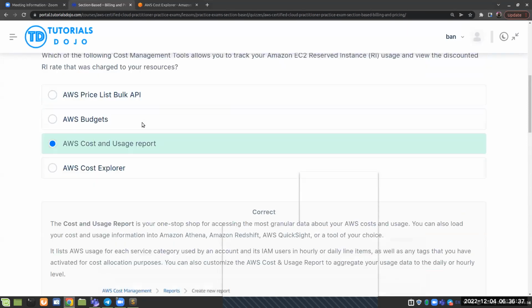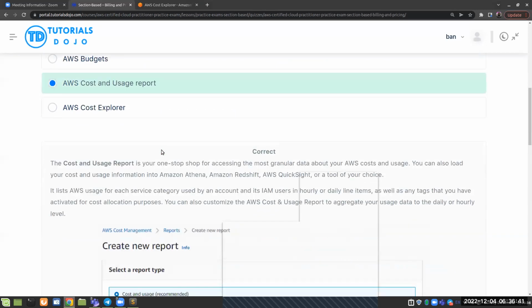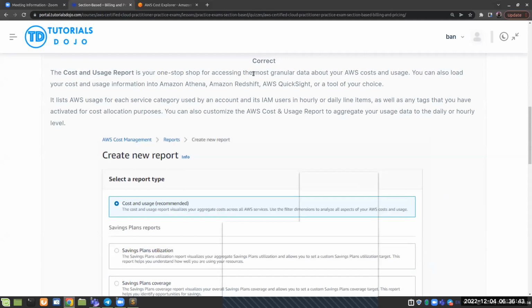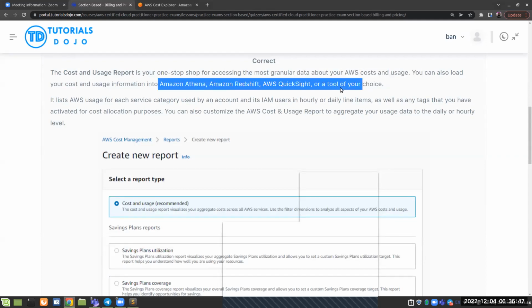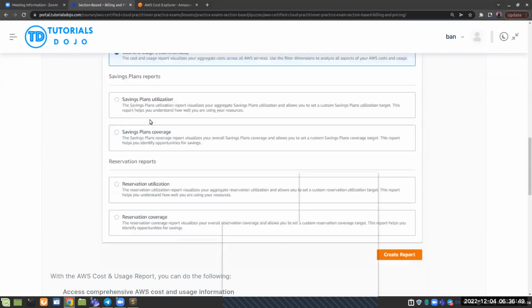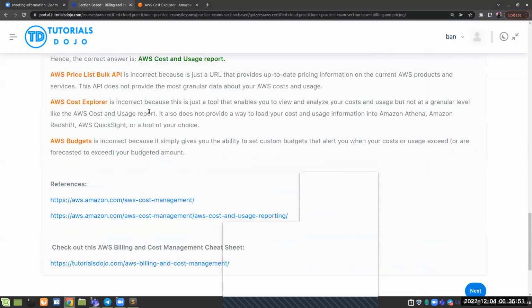I know most people always struggle with cost and usage report and budgets, but one thing to remember is that the cost and usage report has the most granular data. Cost Explorer is just a tool that enables you to view and analyze your cost and usage, but not at a granular level.